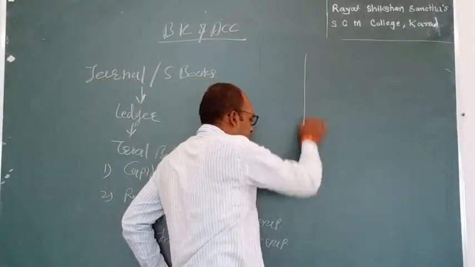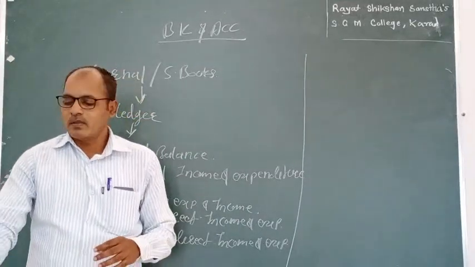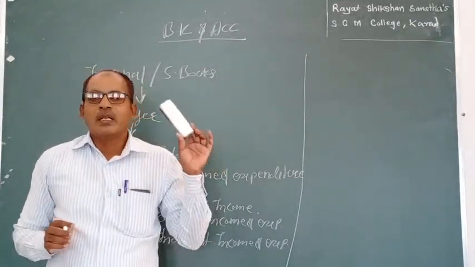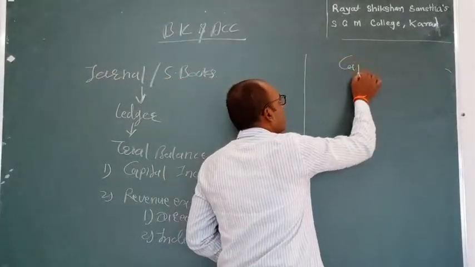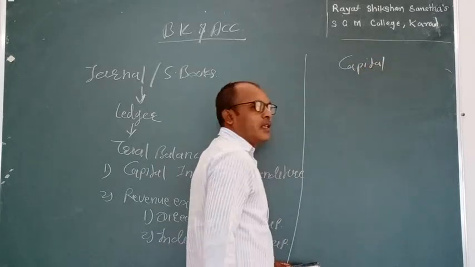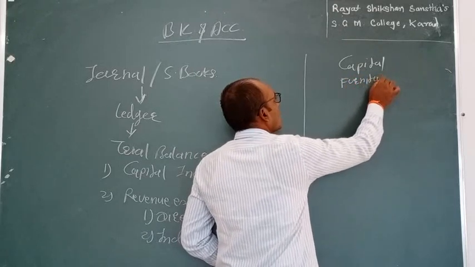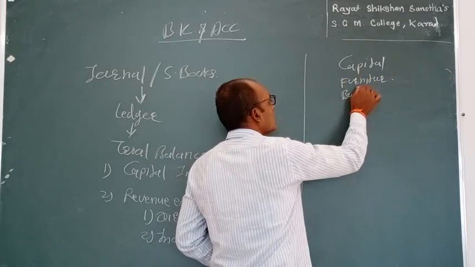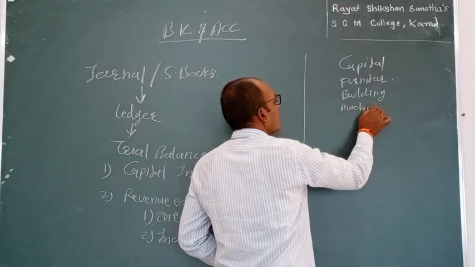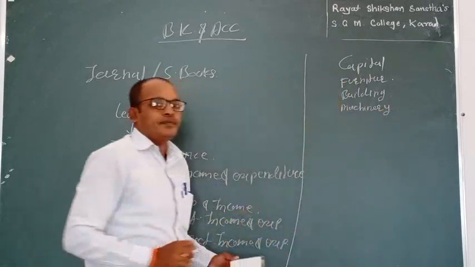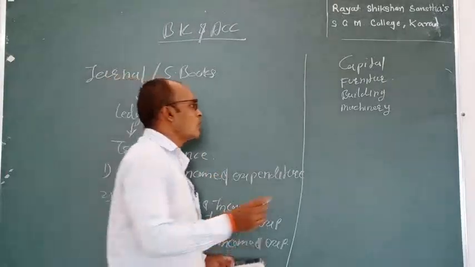For example, we have started a business making dusters. This organization first requires capital, then furniture, building, machinery, then raw material, for example wood, sponge or gum, called goods.